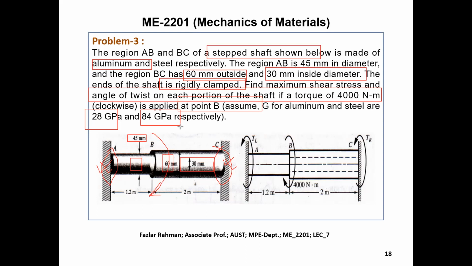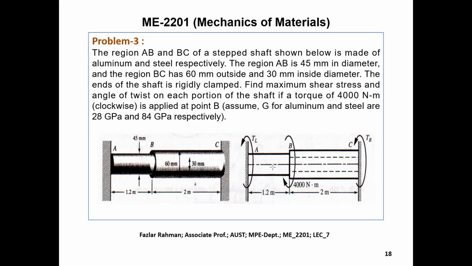Now you see the right side figure, the simplified view is showing that this is the hollow tube, the diameter is this much, and the inside diameter is this much. Right over here you apply the torque. Then what will happen? You cannot use this torque directly, because what is our formula?